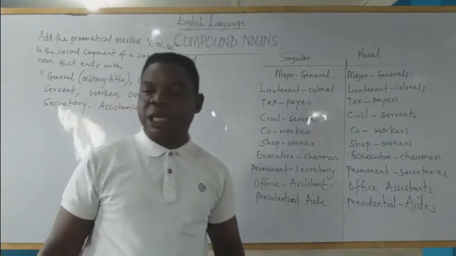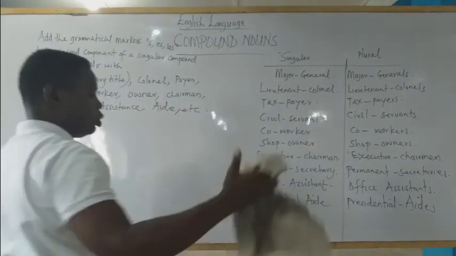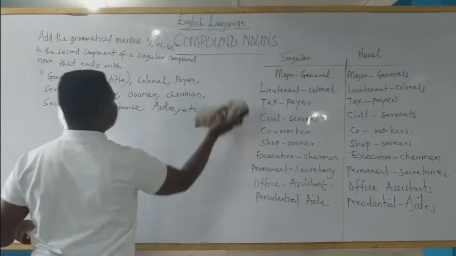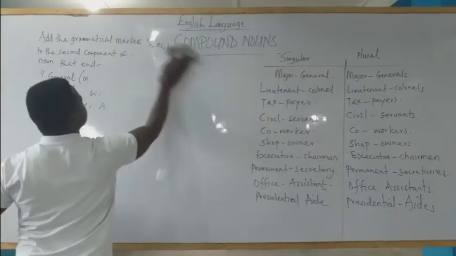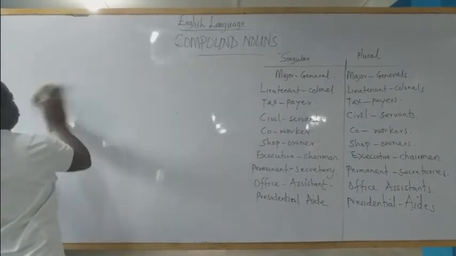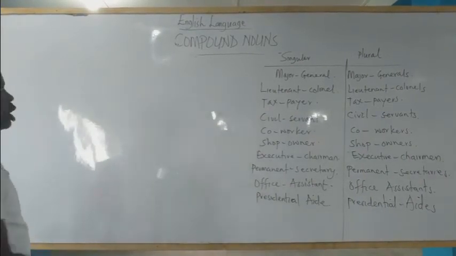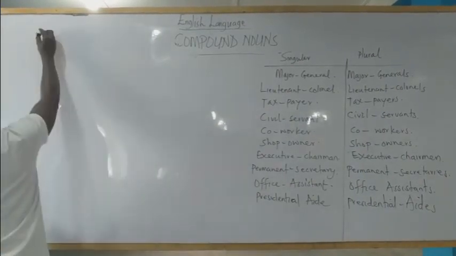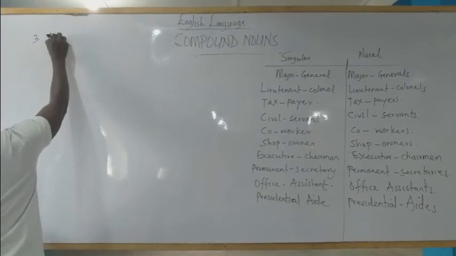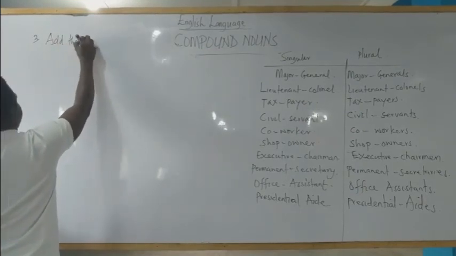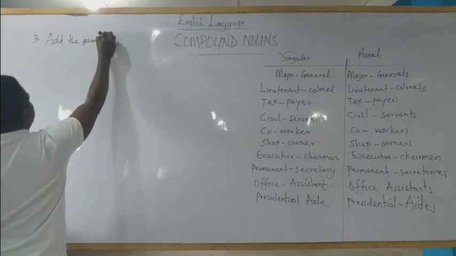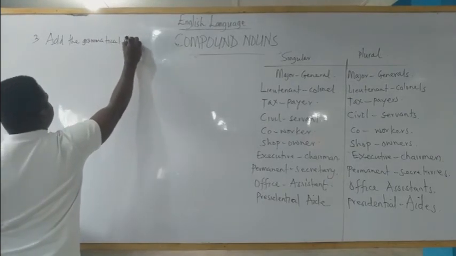Now let's look at the third step in the formation of compound nouns. In this third step, that's the third rule, you add the grammatical markers.